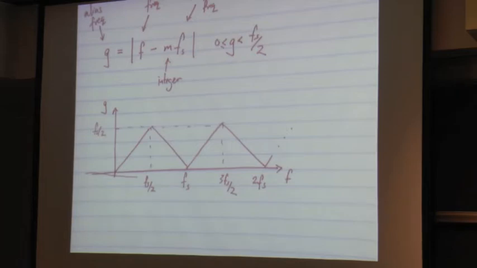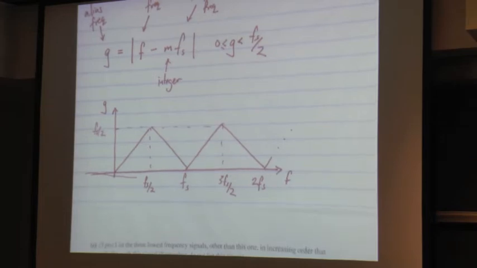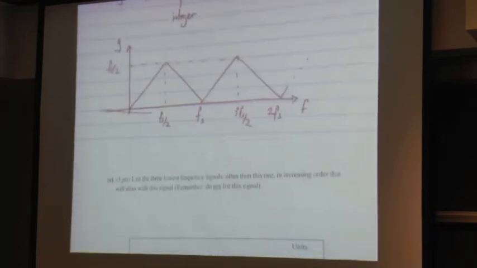So let's go back to our question. List the 3 lowest frequency signals other than this one, in increasing order, that alias with this signal. The first thing to do with this picture is to fill in some of the information that we know.